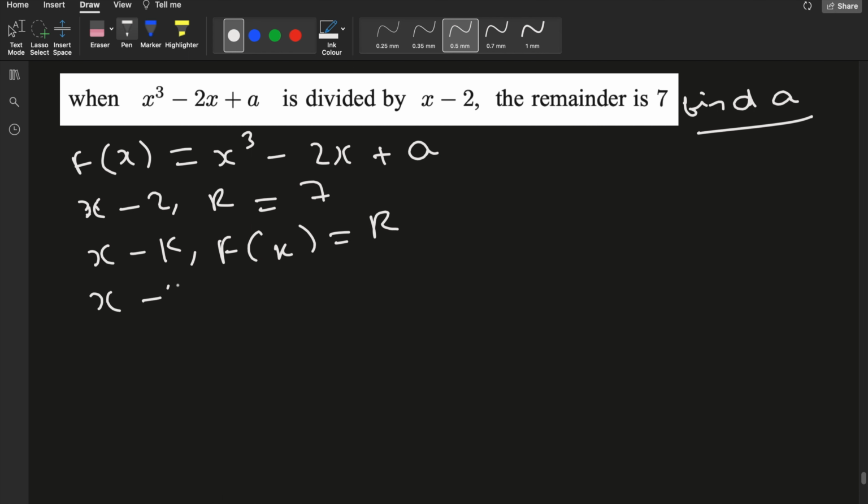Let's write x minus 2, comma, f of 2 would equal r, which implies that f of 2 equals 7. So let's substitute this.